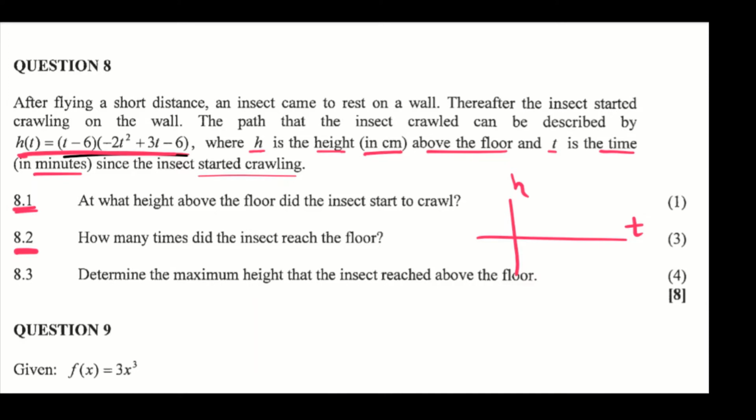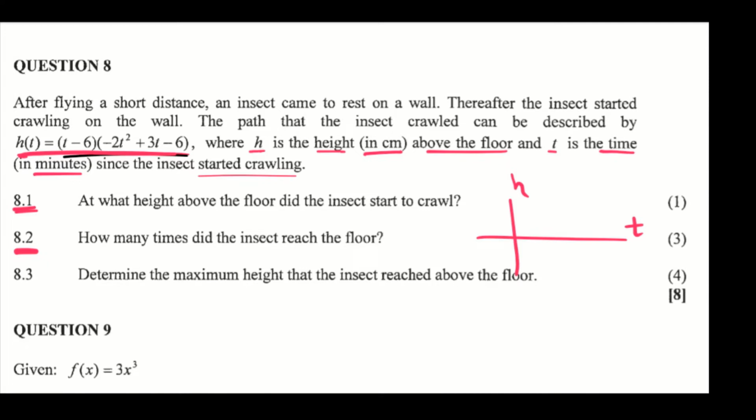Whenever it touched the floor, think of these as x intercepts, when y is 0. When the height is 0, because on the floor there's no height. You are standing on the floor, there's no height, so it's 0. So when it touched the floor, the height was 0.